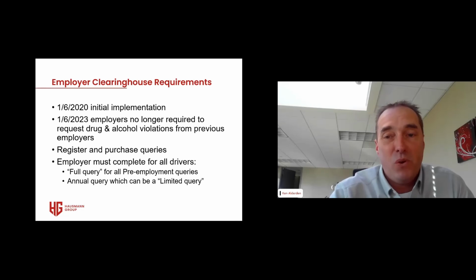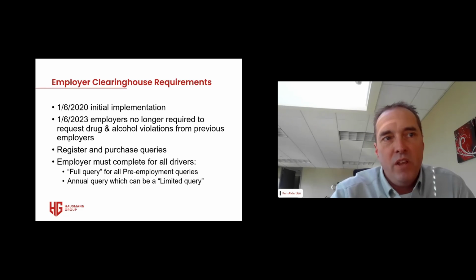You have to purchase what they call queries. So you're buying buckets of searches, if you will. And as an employer, before you allow them to drive, you have to do a full query for all pre-employment checks. And annually, you have to do at least a limited query. A full query gives you data going back a bunch of years and specific information about what drug and alcohol violations and any return to duty testing.